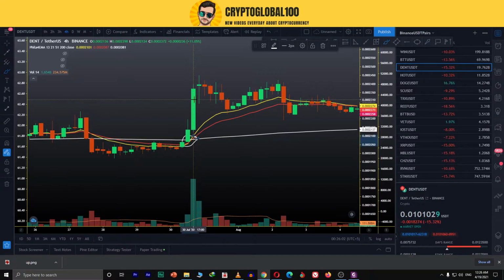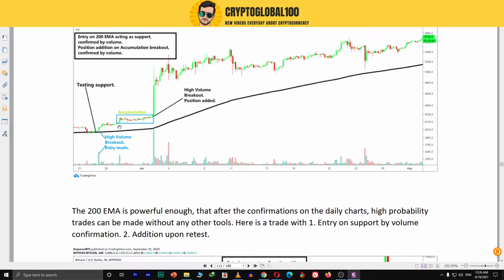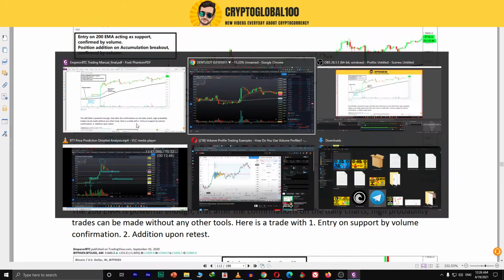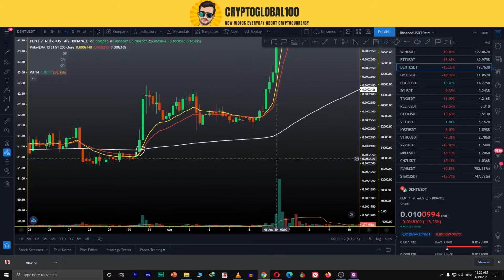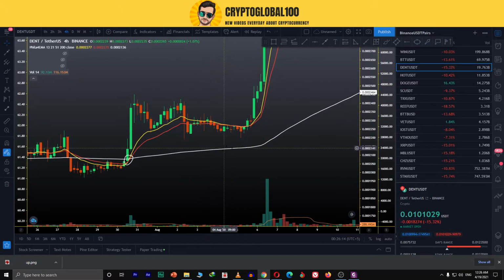See, it went up with a strong volume. And then it retested at this level here. You see, the same thing is happening here as well. Accumulation went on, and after that the price was above the 200 EMA level. It was a good point if we would have taken entry here.